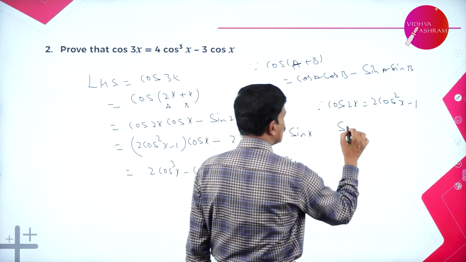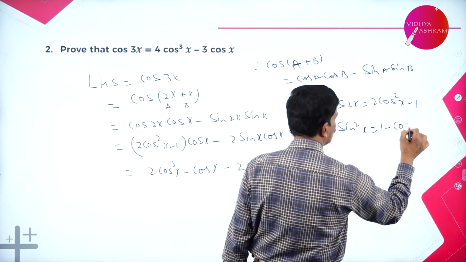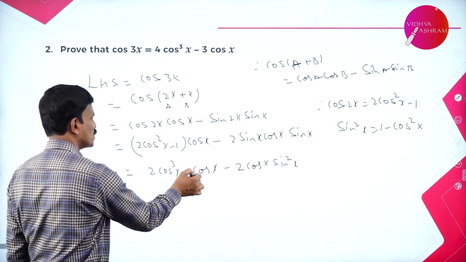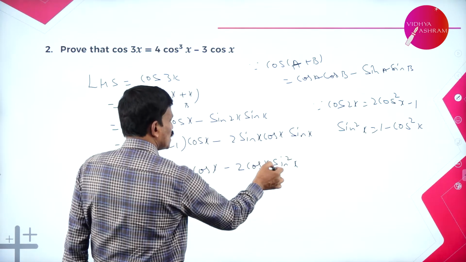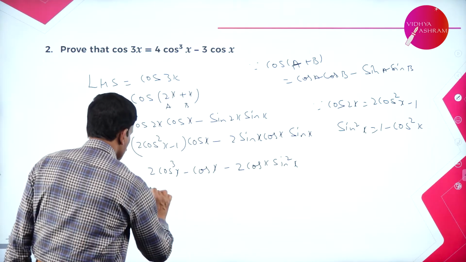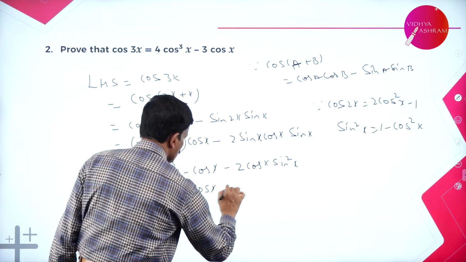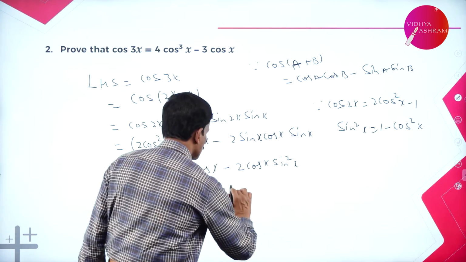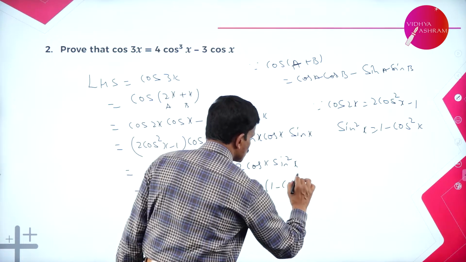Now convert sin square into cos. Sin square x is equal to 1 minus cos square x. Cos square into cos is 2 cos cube x, cos x into 1 is cos x, minus 2 cos x into sin square x, where sin square is 1 minus cos square x.